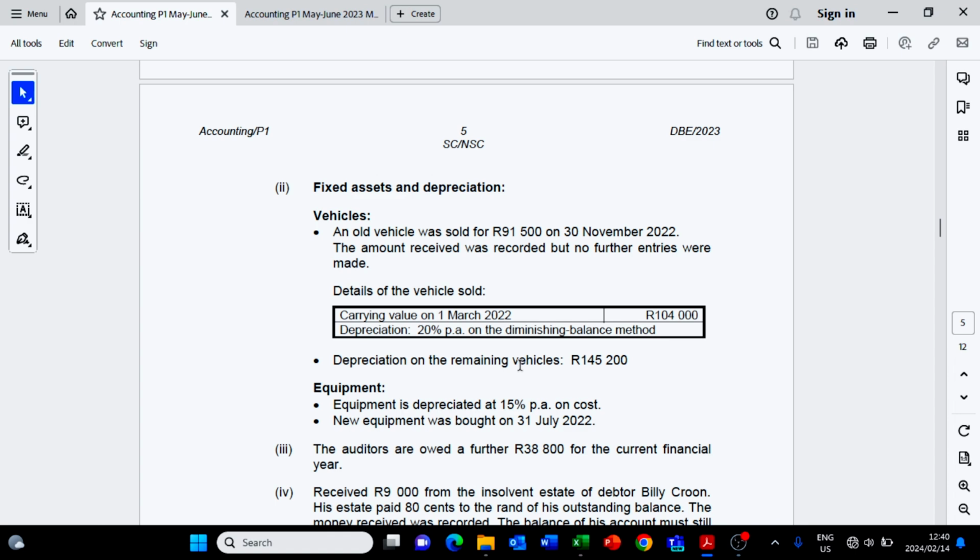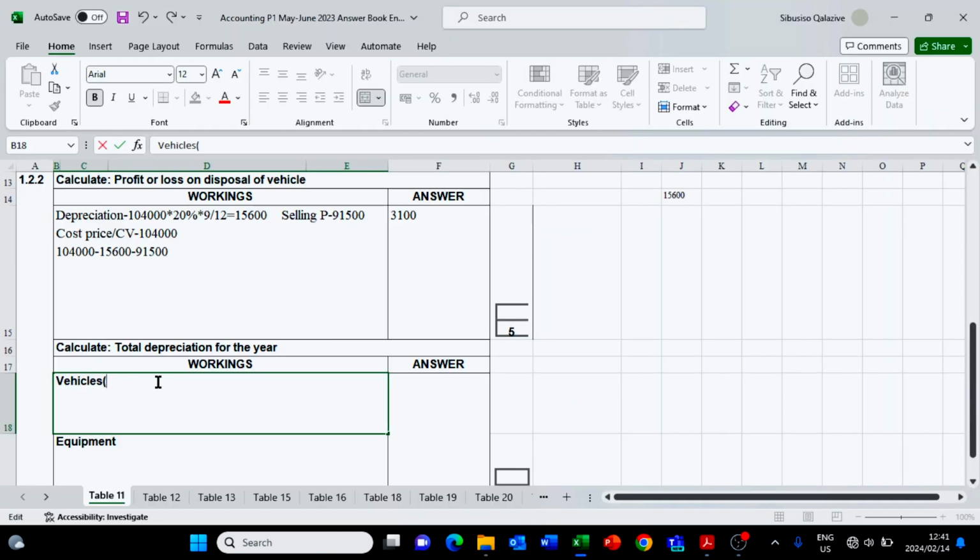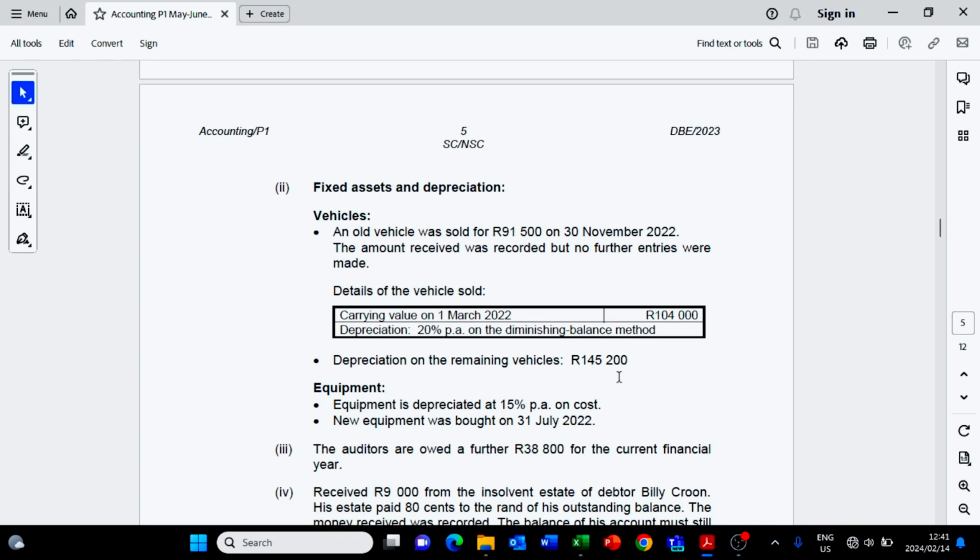What was it? 145,200. Let me double check it. 145,200 for the vehicle. This is the depreciation on the remaining vehicles.